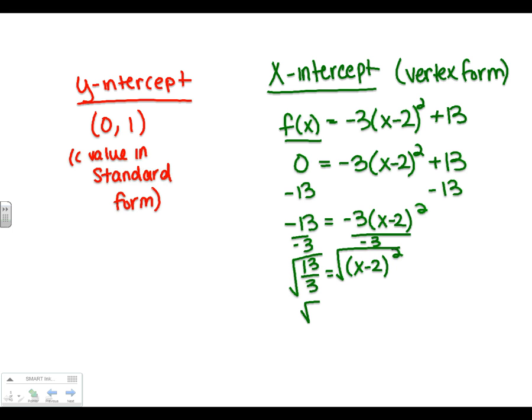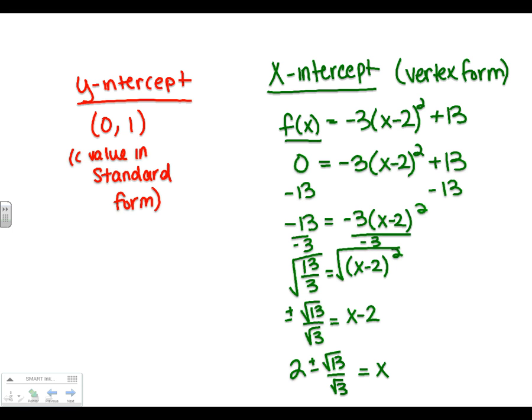So we have square root of 13 over the square root of 3 equals x minus 2. This is positive, negative. Okay. So we add the 2 to both sides, so we have 2 plus or minus the square root of 13 over the square root of 3.